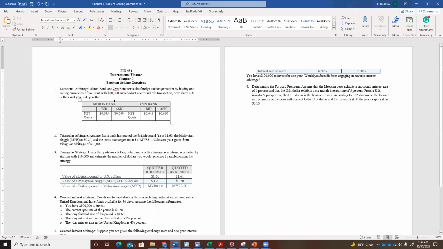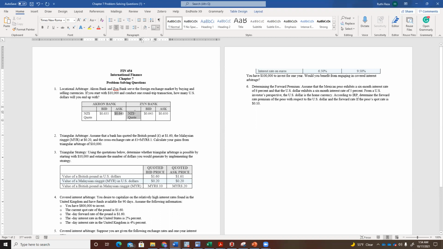Okay, so in this case we have two banks. One is Akron and another one is Zin. And then here you can see from Akron Bank you can buy New Zealand dollar at 64 cents. But then you can sell this New Zealand dollar at 0.645 dollars in Zin Bank.